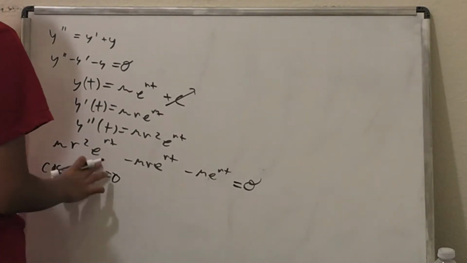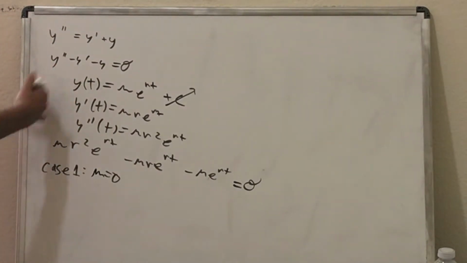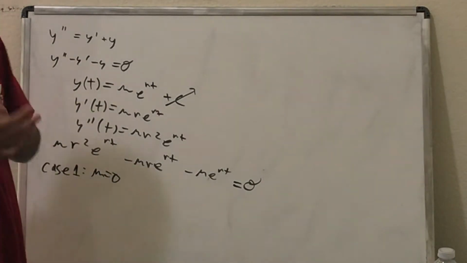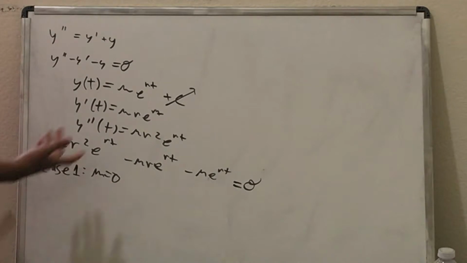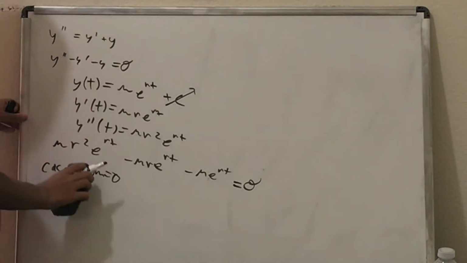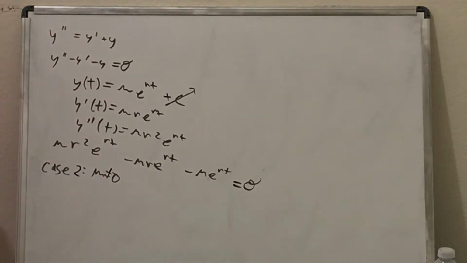If mu is equal to 0, then we do indeed get that y is the zero function, and y' is a zero function, and y'' is a zero function. So that does indeed solve the differential equation, but it's very boring, and we don't have to do all that work to figure out 0 as a solution, right? So that's pretty boring. But let's go ahead and check out case 2, where mu is not 0.